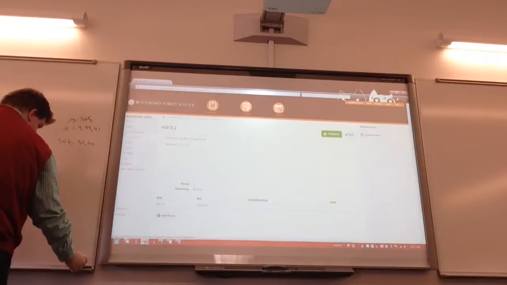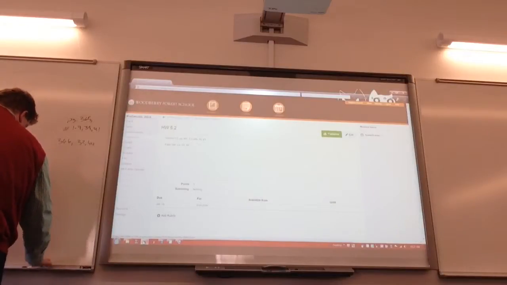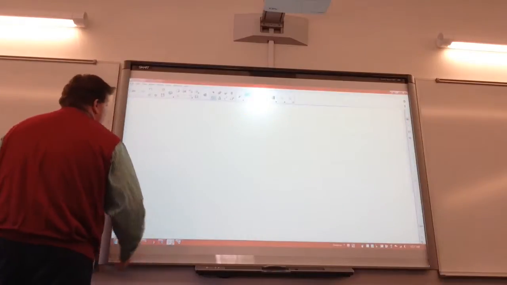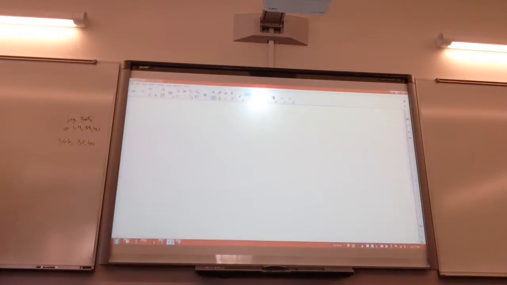Some of this is two different homework assignments that got put together. So, all right, 1 through 9 on page 365. What we're going to do here is just verify the identity. That is, make each side equal to each other. And these are the easy ones, the practice ones.